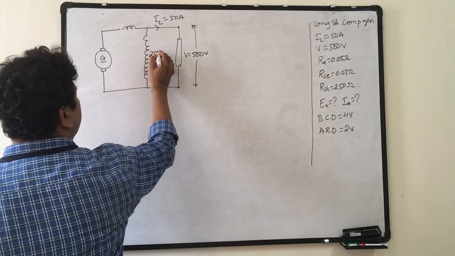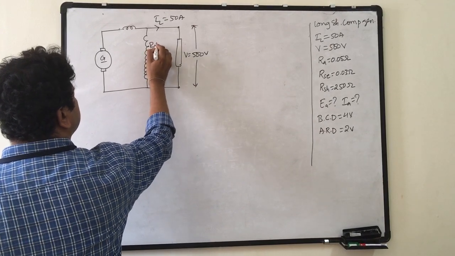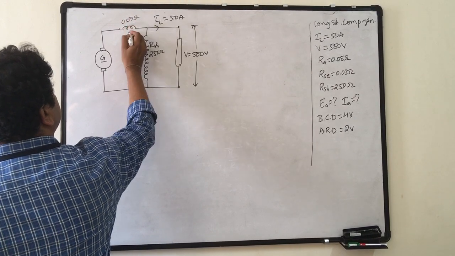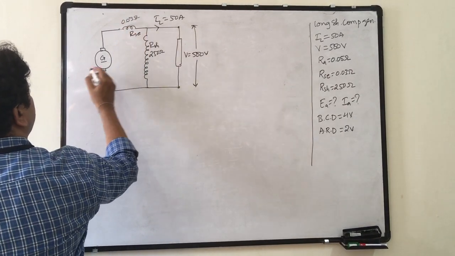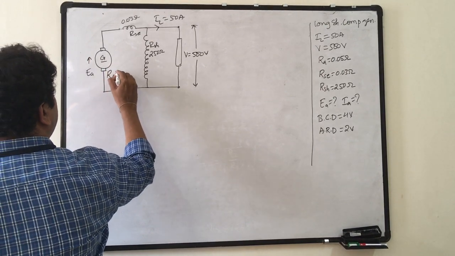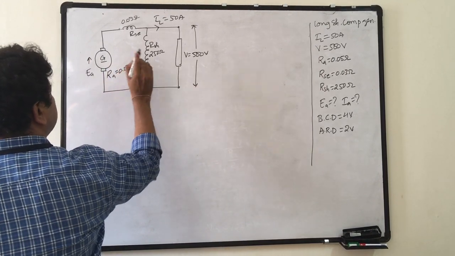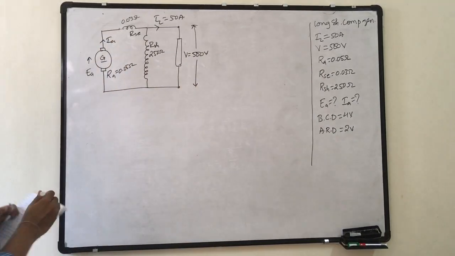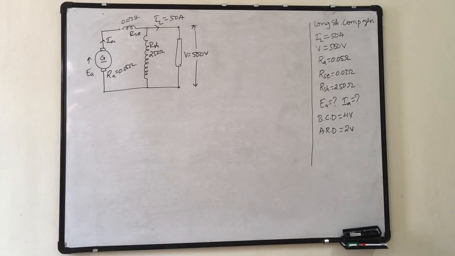This is 250 ohms RSH, it is 0.03 ohms RSC, EA I have to find out, RA is equal to 0.05 ohms and IA I have to find out. So this is the given machine.